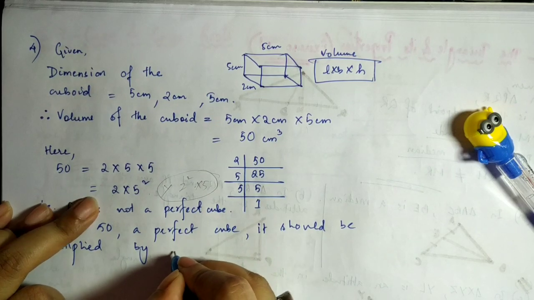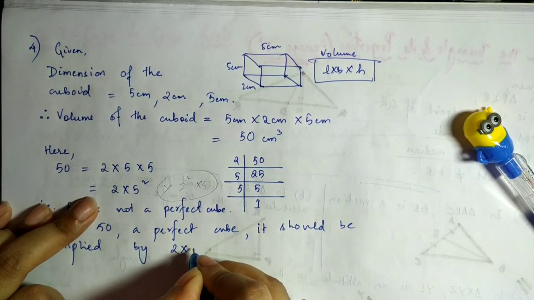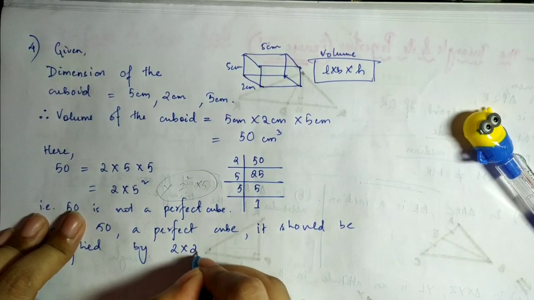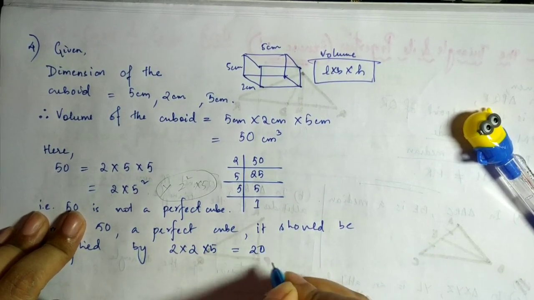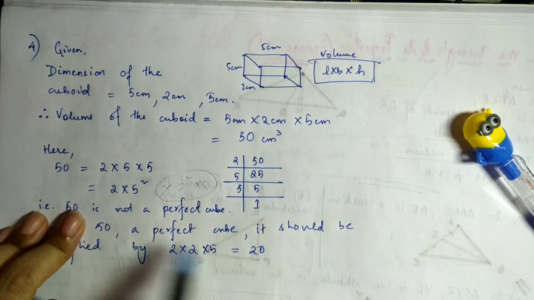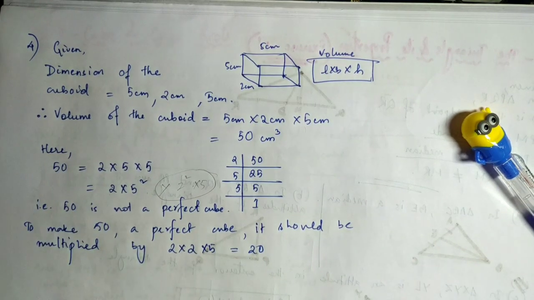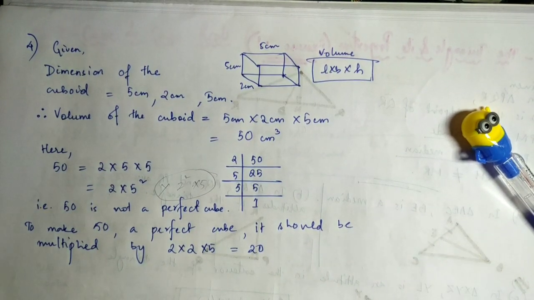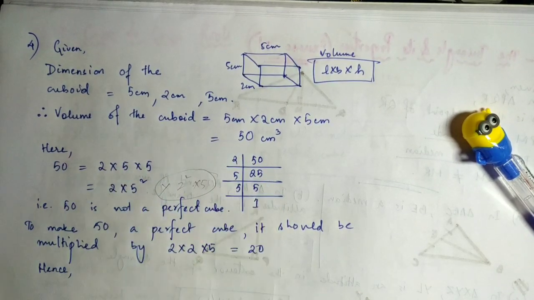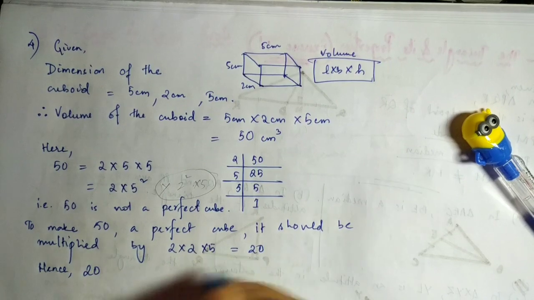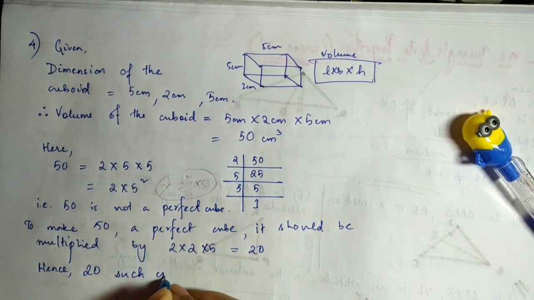So I have to multiply it with 2 into 2 and one more 5. That means I have to multiply it by 2 fours are 8, 5 fours are 20. If I multiply this 20 with 50, it will give me a perfect cube number. Therefore, how many such cuboids will be required? 20.